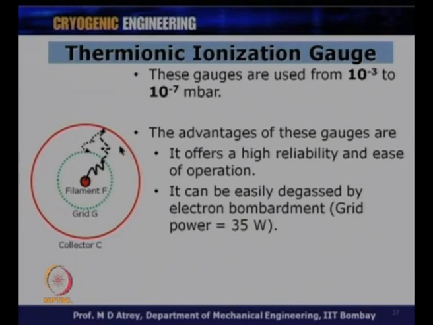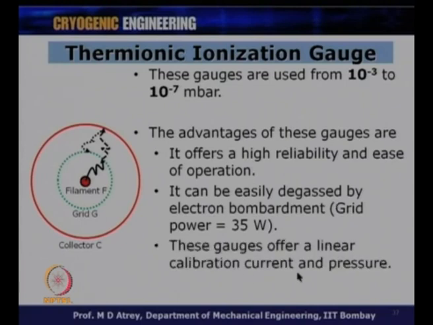All the gas which is captured over here gets released and it gets cleaned, so it can easily be degassed. These gauges offer a linear calibration of current and pressure. So, ionization current is going to vary linearly with the pressure, and therefore the calibration becomes very simple. And this is the principle on which the thermionic ionization gauge works.